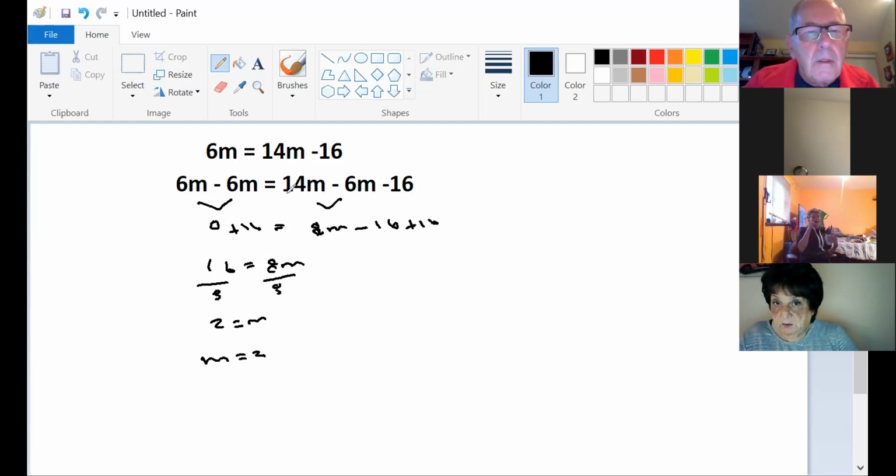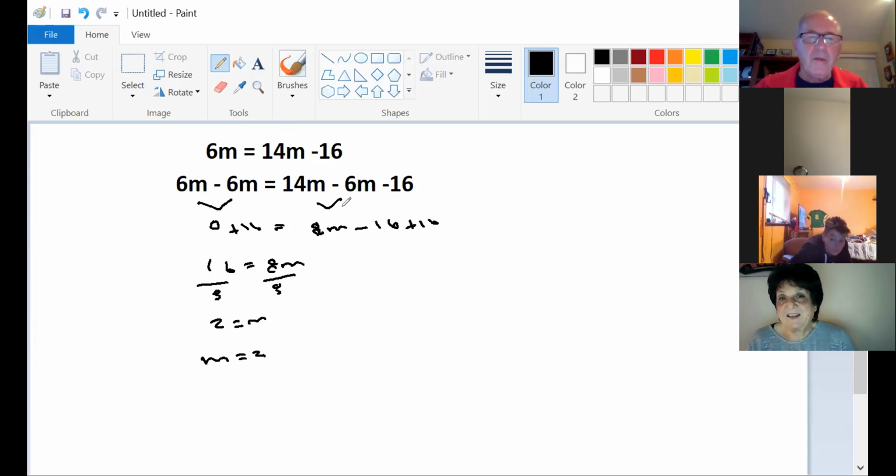No, No, she means the M part. well, this is 0 on this side, and this is 8m on this side. I know, but when on the very first line, 6m equals 14m. Oh, okay. Well, that's the expression, or that's the equation, right? That's what it was in the book, right? Right. No, I understand that, but I just don't get it.